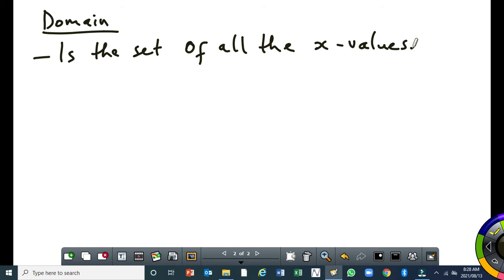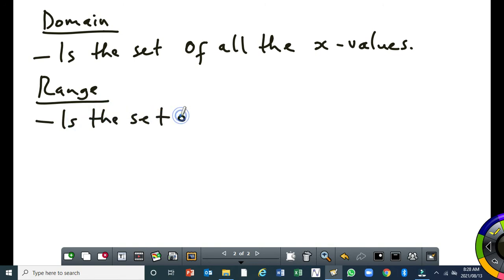And your range is the set of all the y values.